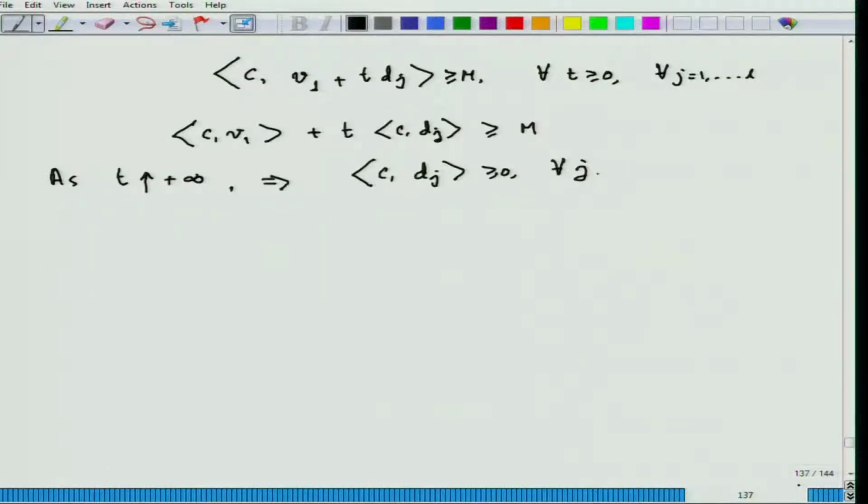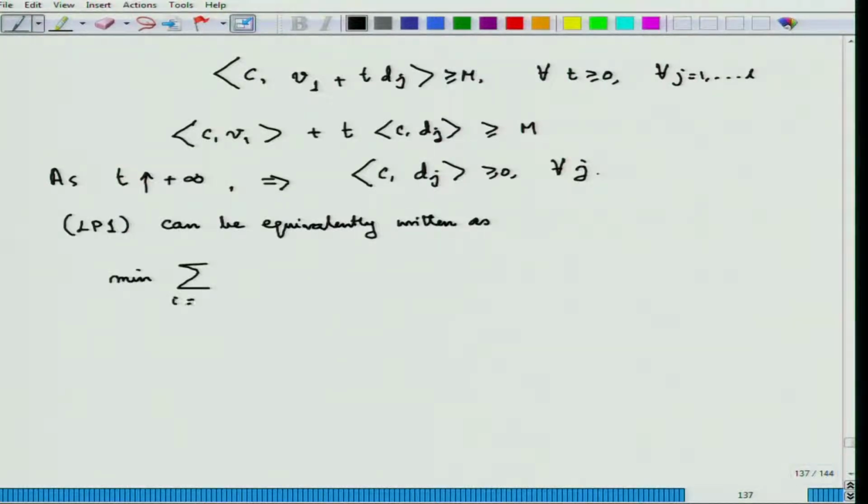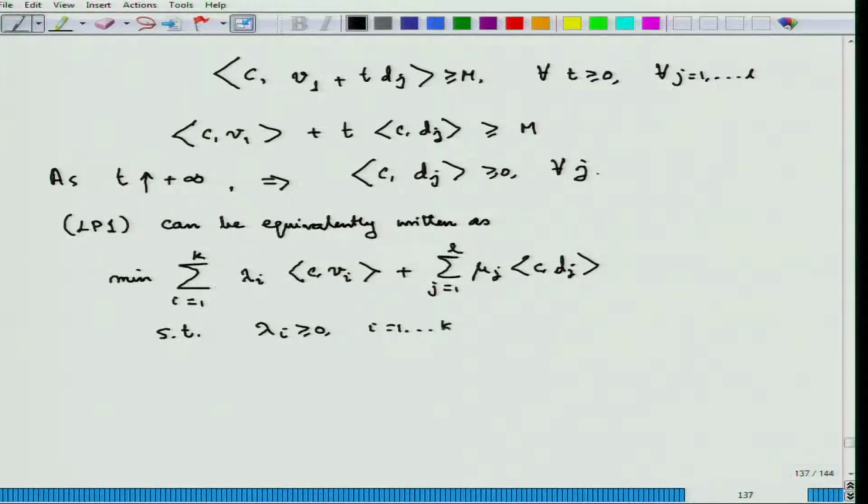So, I can have that LP1 can be equivalently written as this, where, subject to, of course, lambda i is greater than or equal to 0 for i equal to 1 to k, mu j is greater than or equal to 0 for j equal to 1 to L, and the summation must be equal to 1.